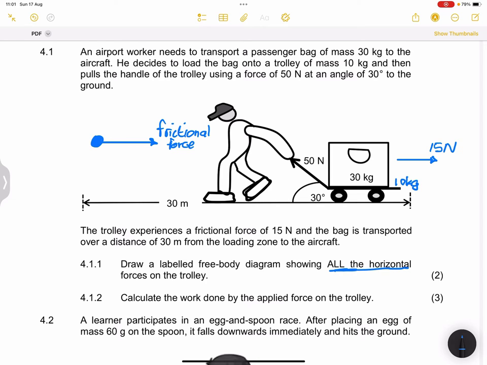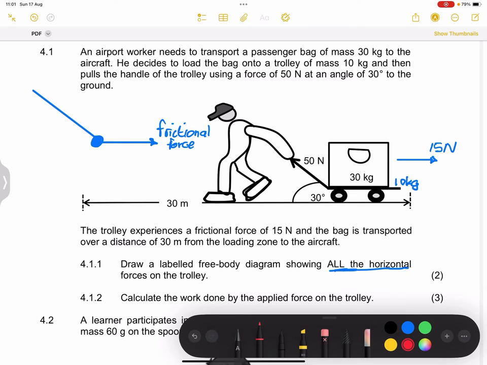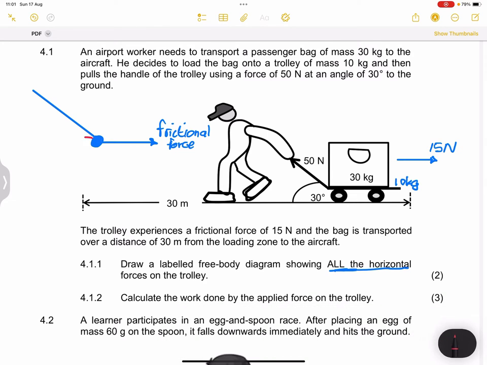Now remember that we've got an applied force that is at an angle, but that's not a horizontal force. What is a horizontal force is the component. So I'm going to remove this and say, this is going to be the horizontal component.